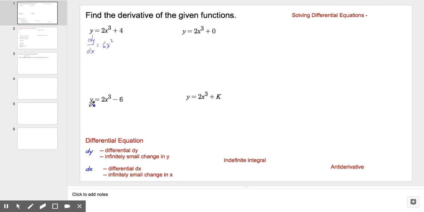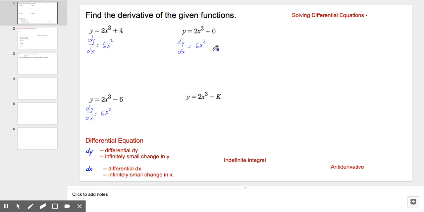Next function, dy over dx is equal to 3 times 2 is 6, x cubed becomes x squared, minus the derivative of 6 is 0. And here, dy over dx is also equal to 6x squared.